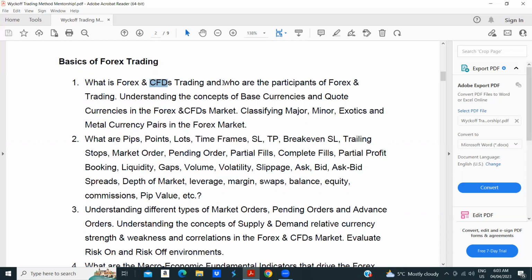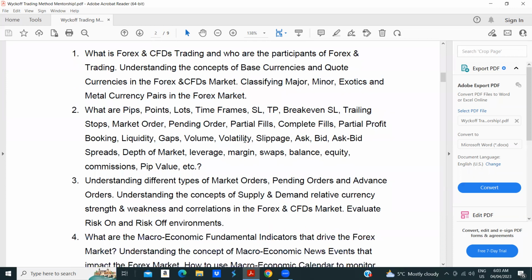Then we're going to discuss the concepts of the base currency and the quote currencies in the Forex and CFDs market. And then we will discuss the major, minor, exotic, and metal currency pairs. Once we're done with it, we're going to head over to the basic terminologies related to the Forex market.